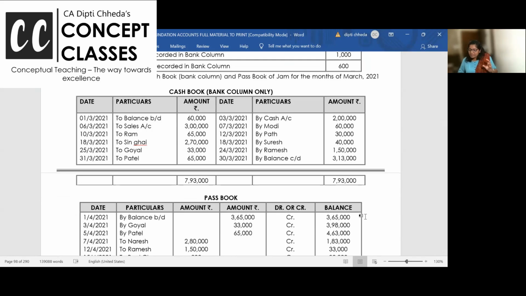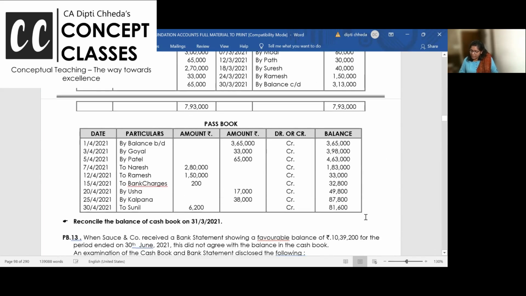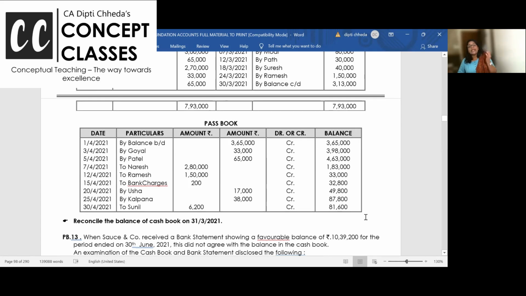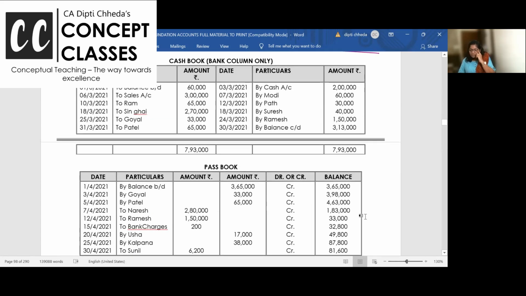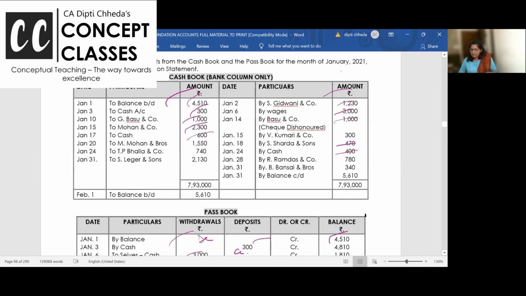Here they have given the cash book or the bank column for March and the passbook they have given for the April. So listen carefully. March cash book entries which are coming in the passbook, they will come in the BRS, no? See, what was this question?